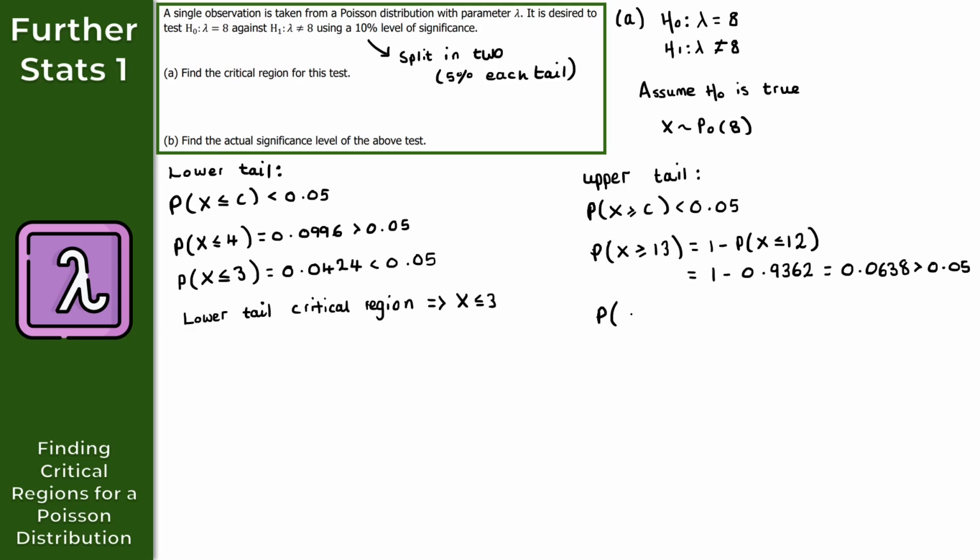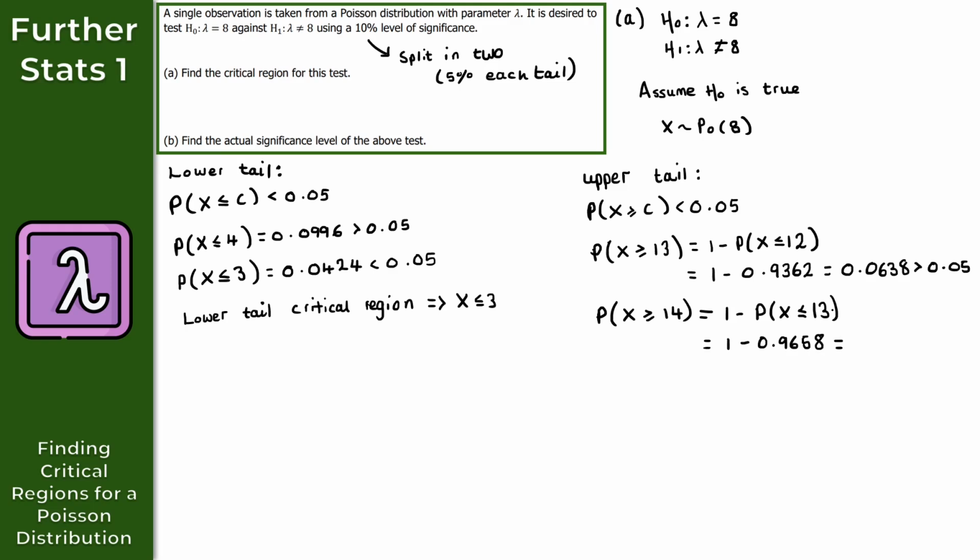So the probability then that x is greater than or equal to 14. In this case then, this would be 1 minus the probability that x is less than or equal to 13. And in this case, then we get 1 minus here 0.9658.